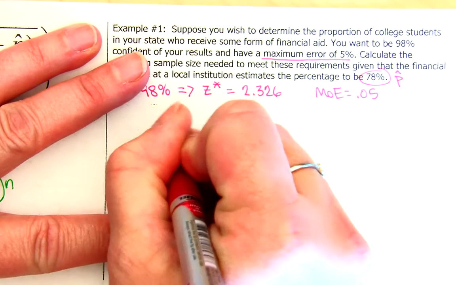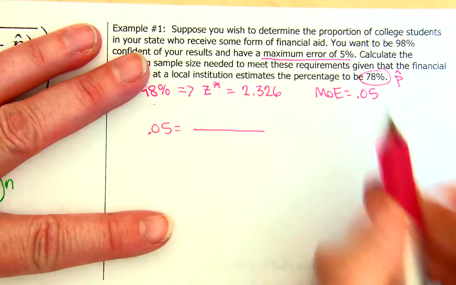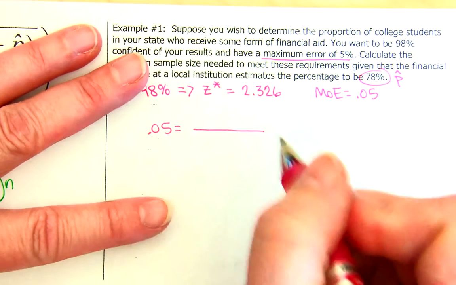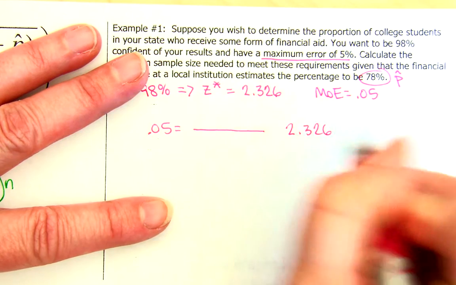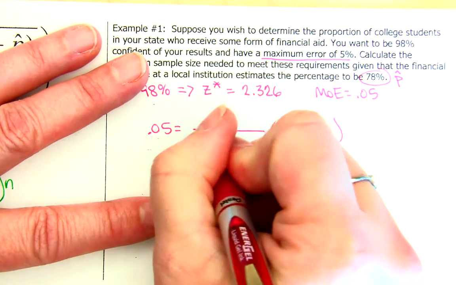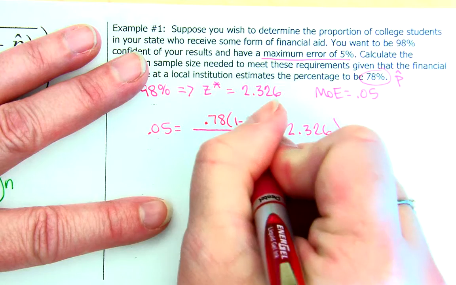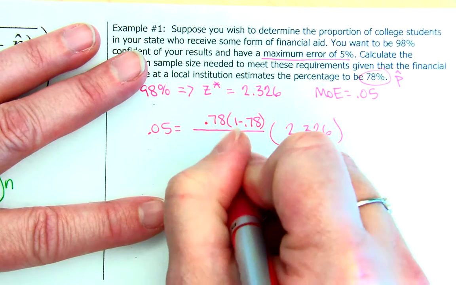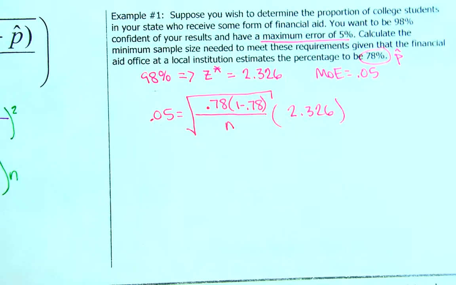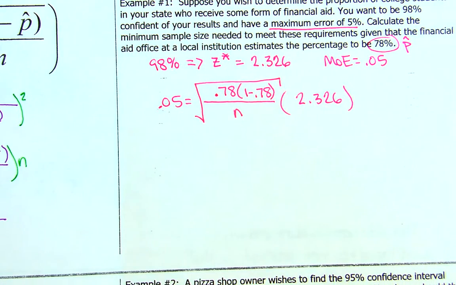So if we plug this into this formula up here, we get 0.05 equals the z critical value times the square root of p hat, 0.78, times 1 minus 0.78, all over n. And then you're just solving for n.